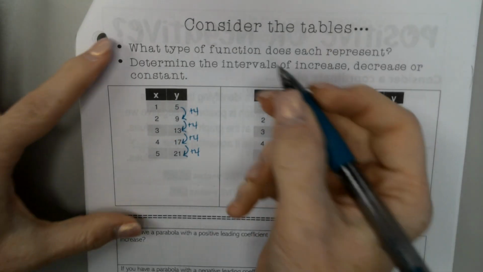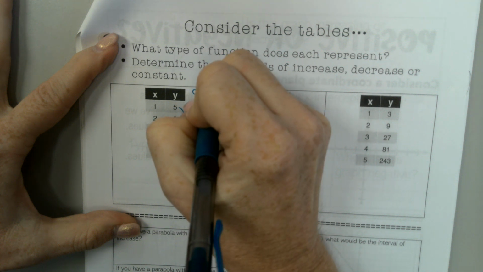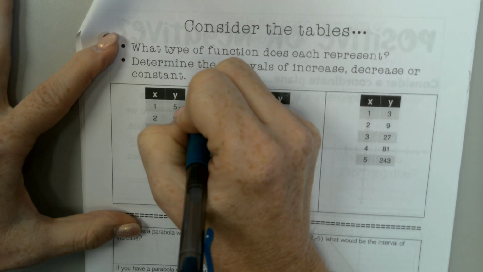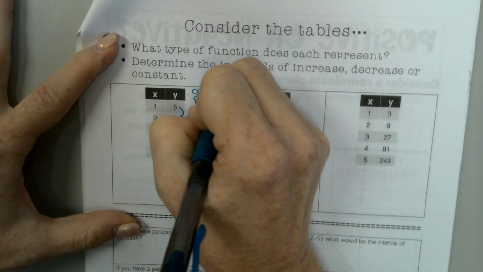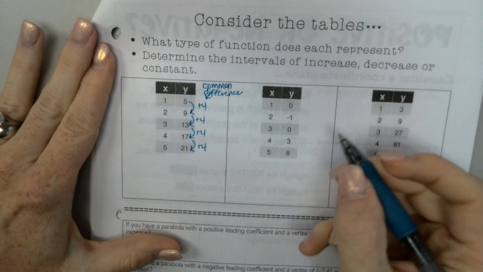Now, this right here is what we call a common difference. You remember those, the arithmetic sequences? That is a common difference. That's what you're adding over and over and over again.